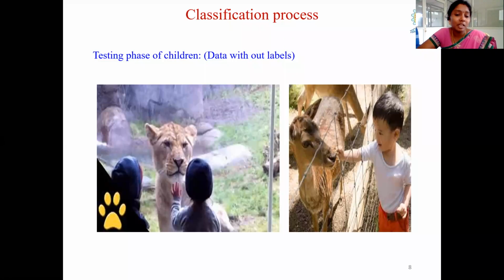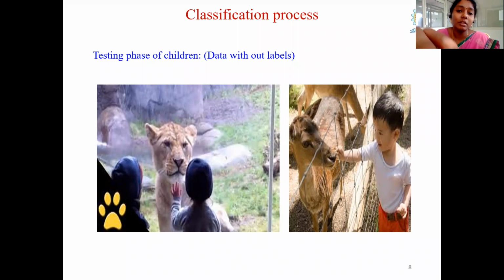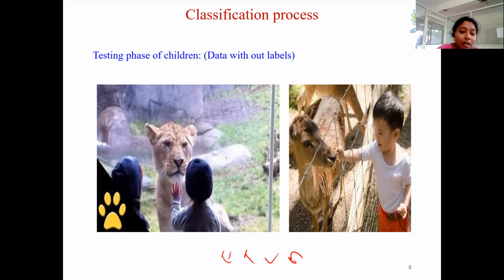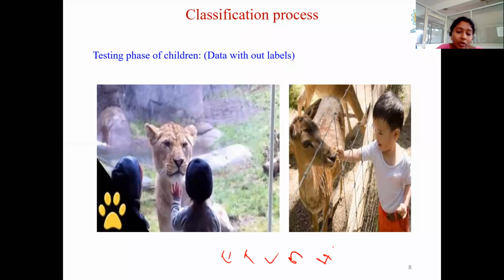If you consider the same example, suppose there are five animals you show the kid in the zoo: an elephant, a tiger, a lion, some monkey, and a horse.